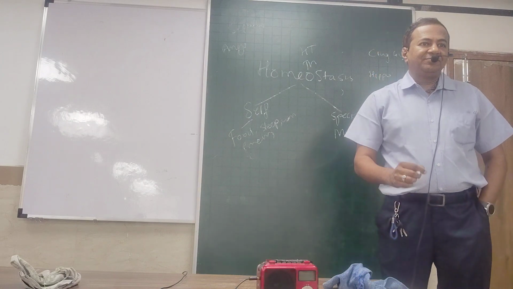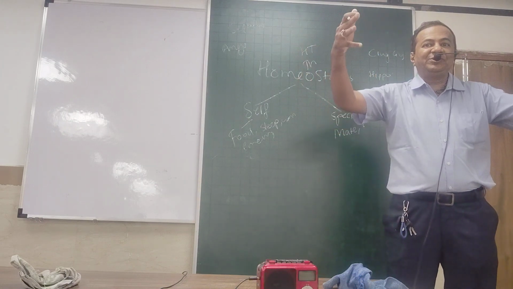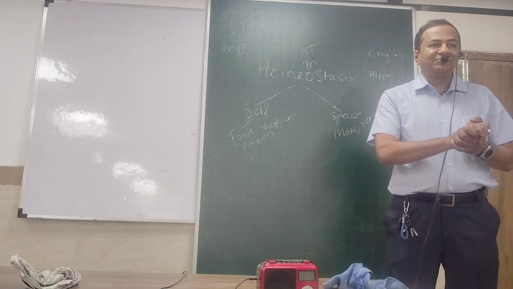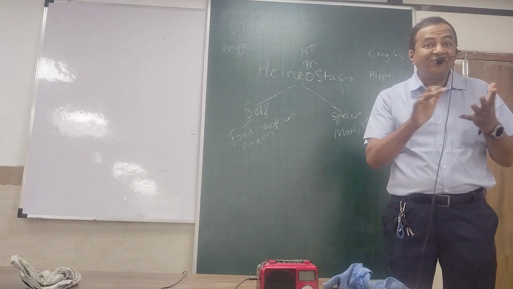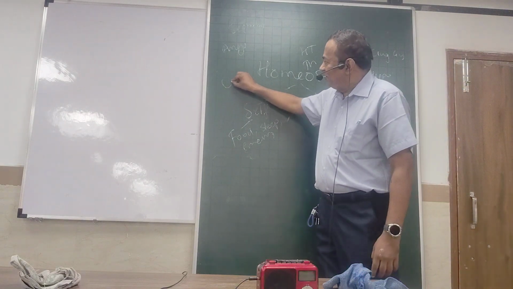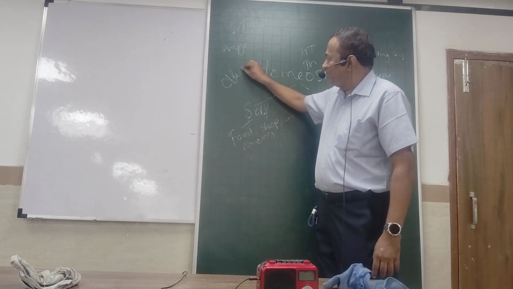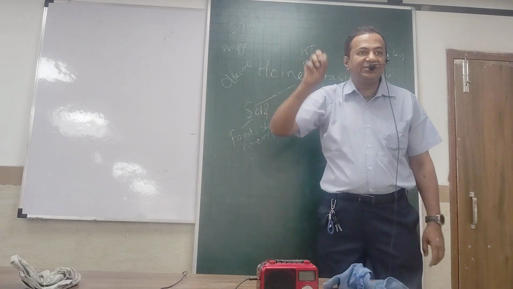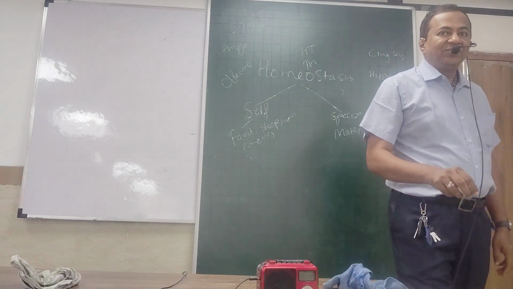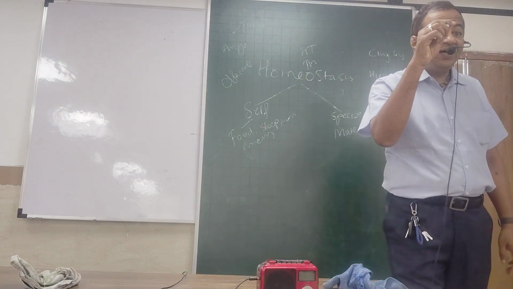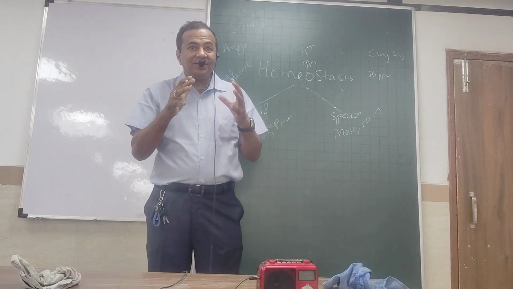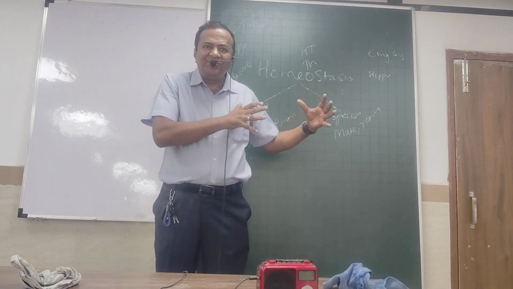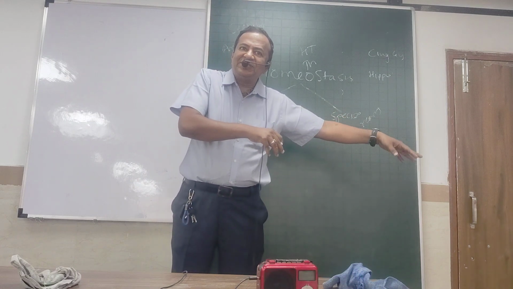Anything else? There is a whole system which all of you are missing. The olfactory system. The olfactory system is a part of the limbic system. Humans, we don't give so much importance to the limbic system.